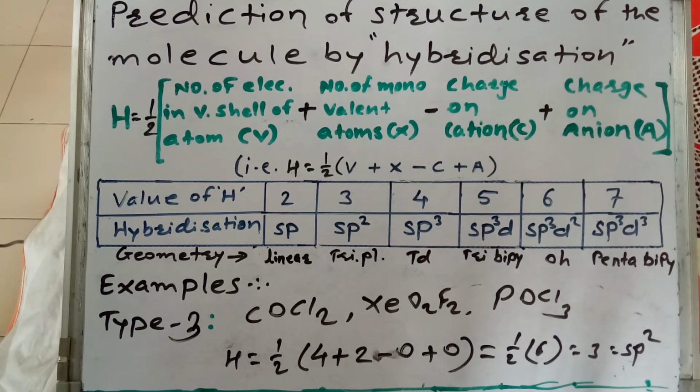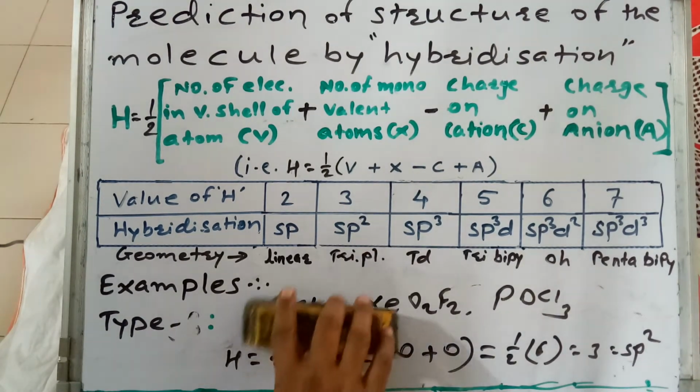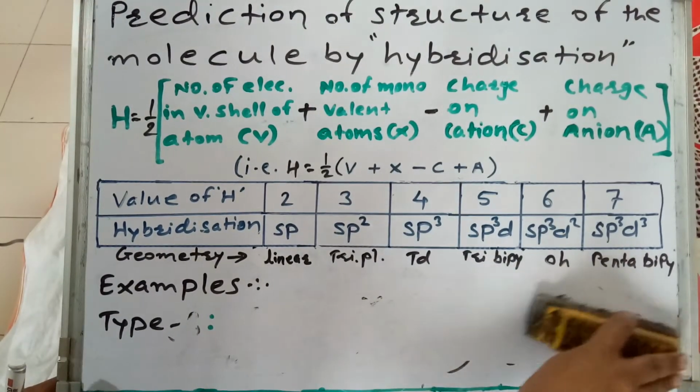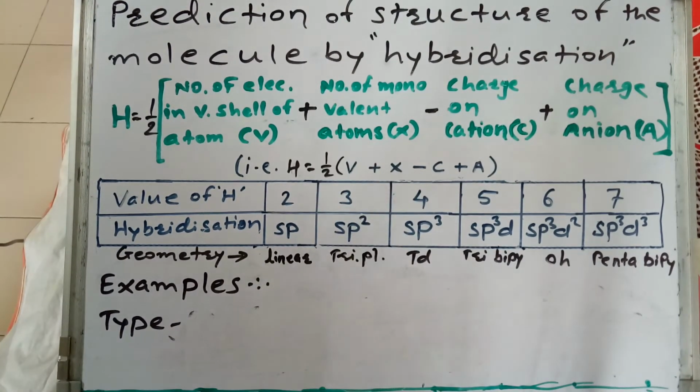Now the next type we'll see, type 4, the hybridization of the anion. Anion means the negative charge species. So for hybridization of anions, we'll see the examples.